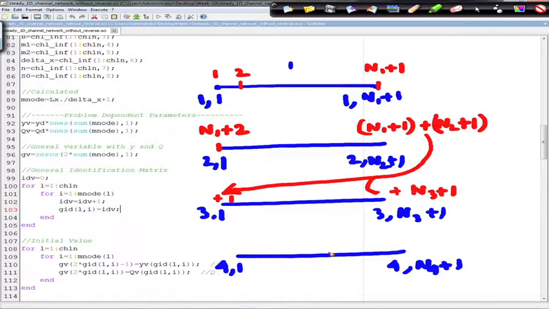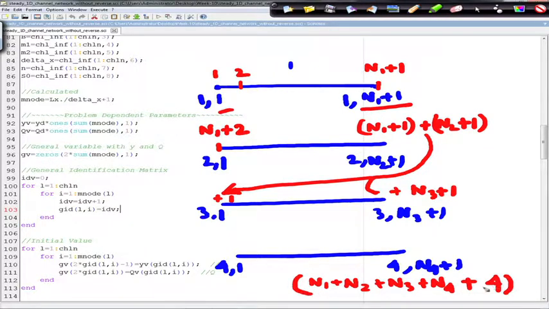So, 1 to N1 plus 1 is a local number, and we will have a general number starting from 1 up to N1 plus N2 plus N3 plus N4 plus 4.